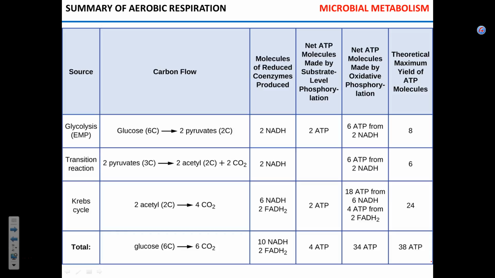You have to know oxaloacetic acid. Isocitric, alpha-ketoglutarate, succinyl-CoA, succinate, fumarate, malate. No. I'm not going to ask you those intermediate steps. Oxaloacetic acid and citric acid, know them, know how many carbons.